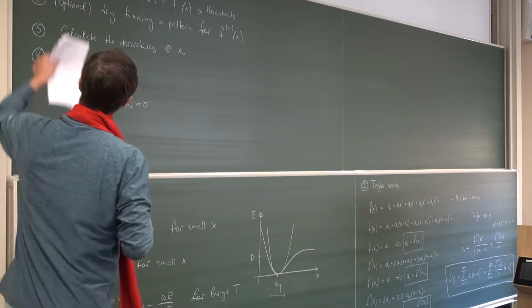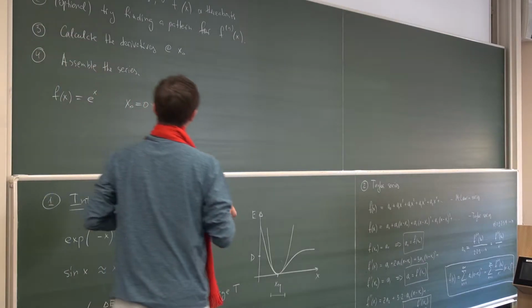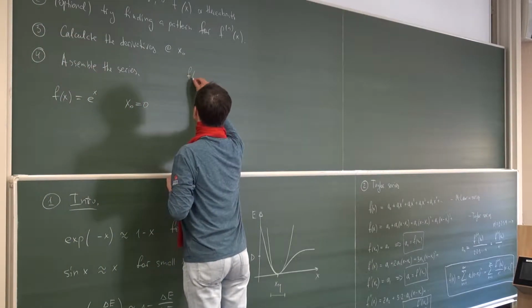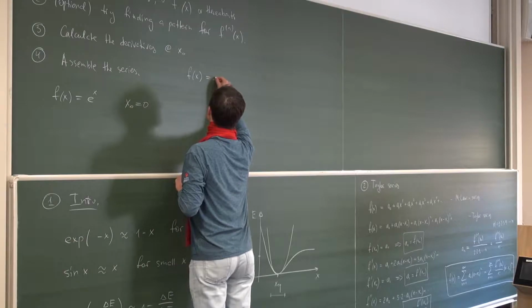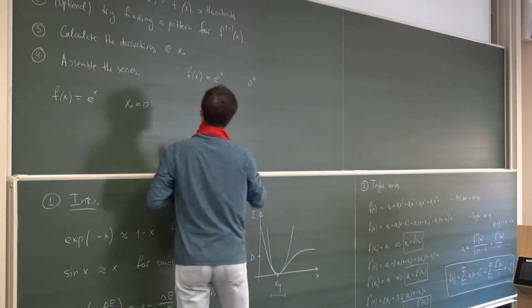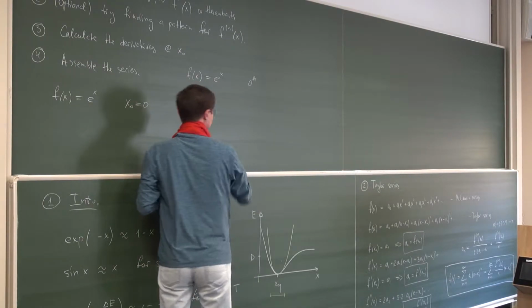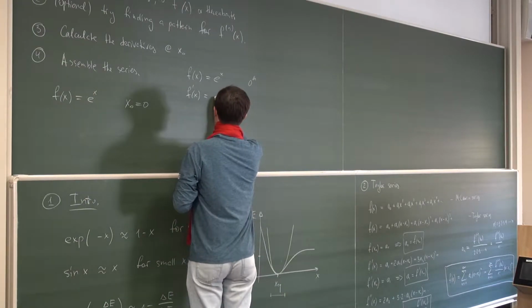Now let us follow the procedure. Compute a few derivatives. All right. F of x is e to the x. That's the zeroth derivative. F prime of x is the same, e to the x.